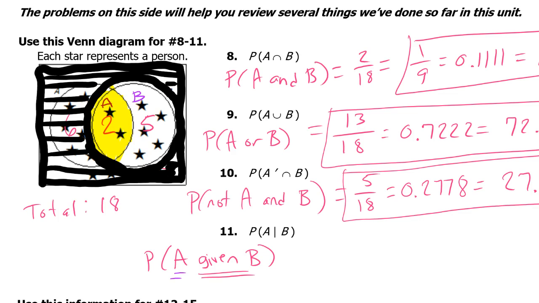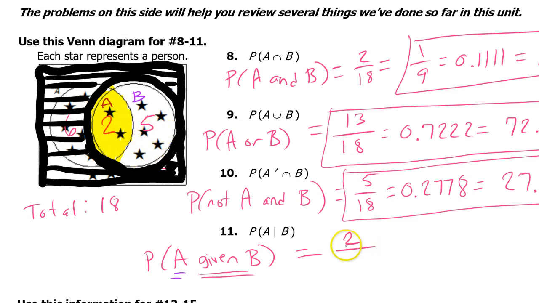Now let's calculate that probability. We're going to do target over total. The target, the A, is 2. The total is no longer 18 because we have this new smaller universe. The new total is 7 because this universe just has the 2 and the 5.